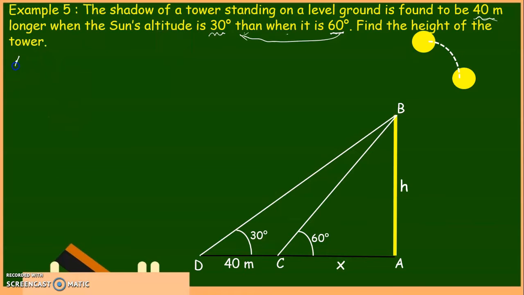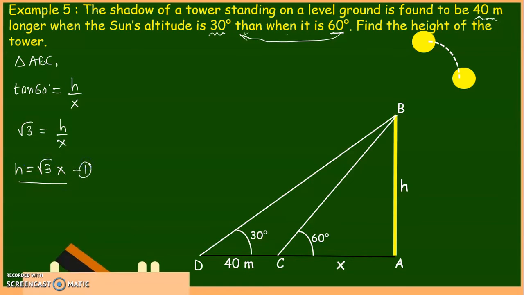So here if you consider the triangle ABC, so here for tan 60 degree we can write opposite side is equal to h and adjacent side is equal to x. So if you put the value of tan 60, that is root 3, so we can write here h equal to root 3 x.